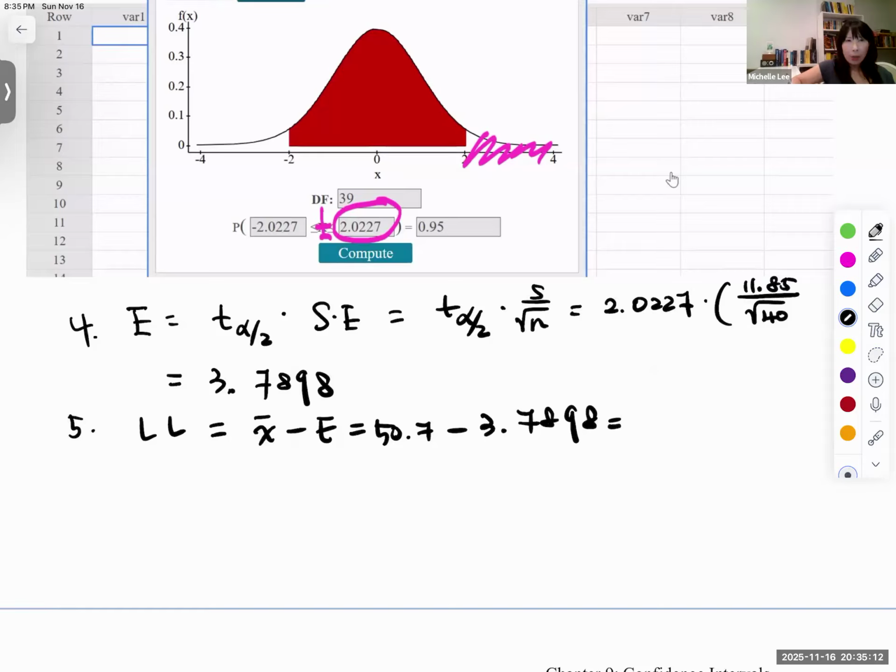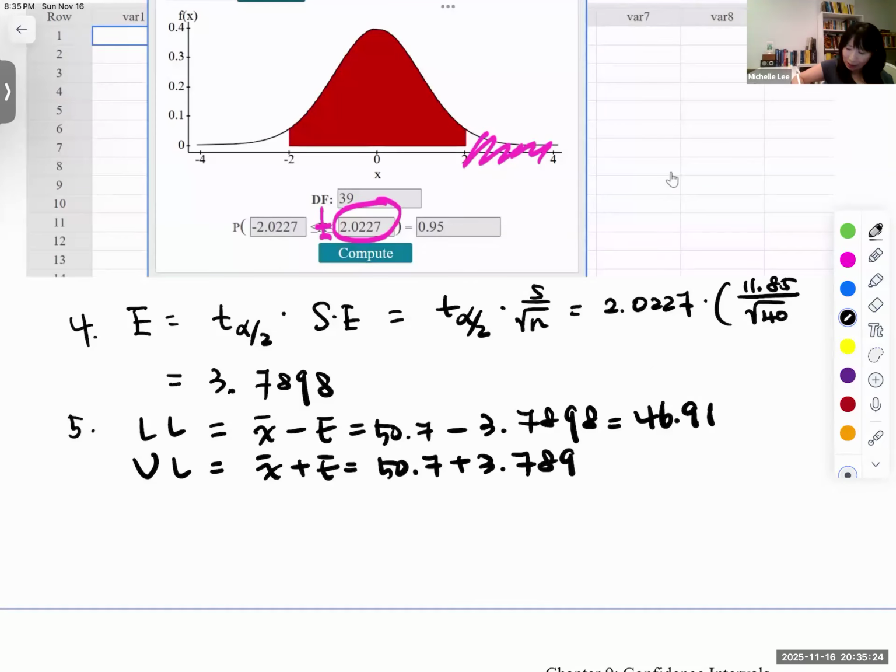What do you get? 46.91. The upper limit is x bar plus the margin of error, so 50.7 plus 3.7898. We have 54.49.